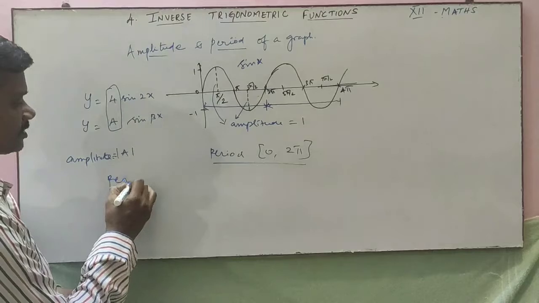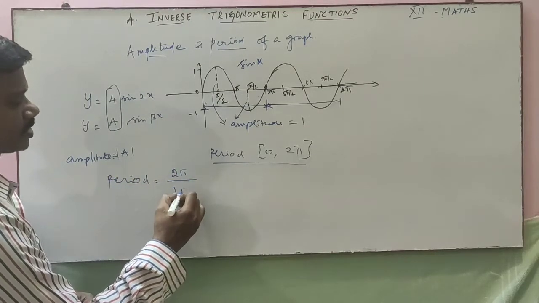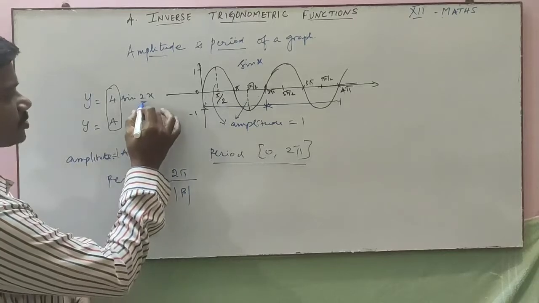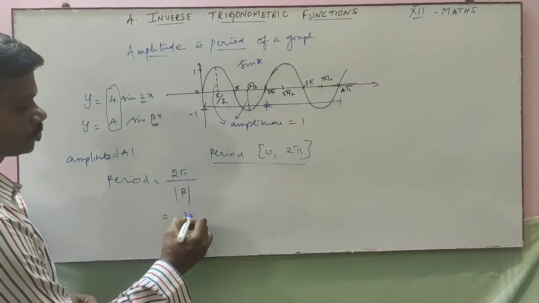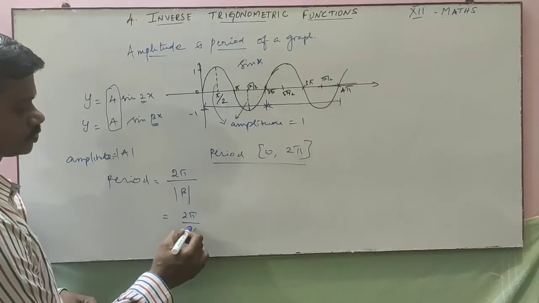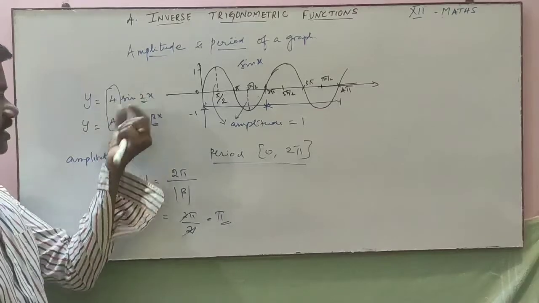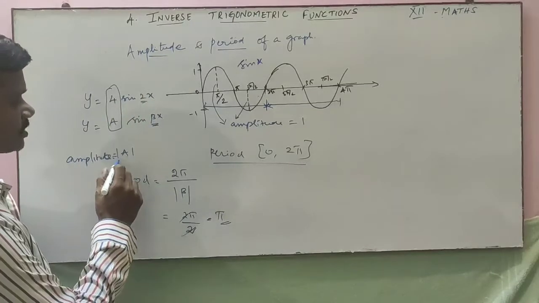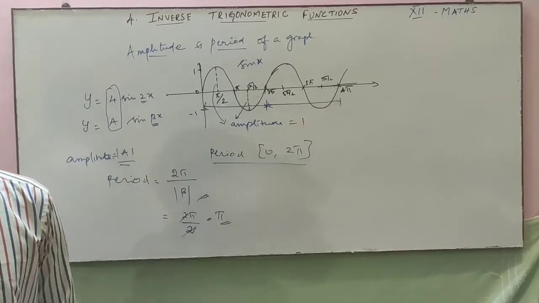And the formula to find the period is 2 pi by modulus of beta. What is beta here? Here beta is 2. So 2 pi by 2, you will get the answer as pi. So this is the period of sin 2x. This is the formula to find the amplitude, and this is the formula to find the period.